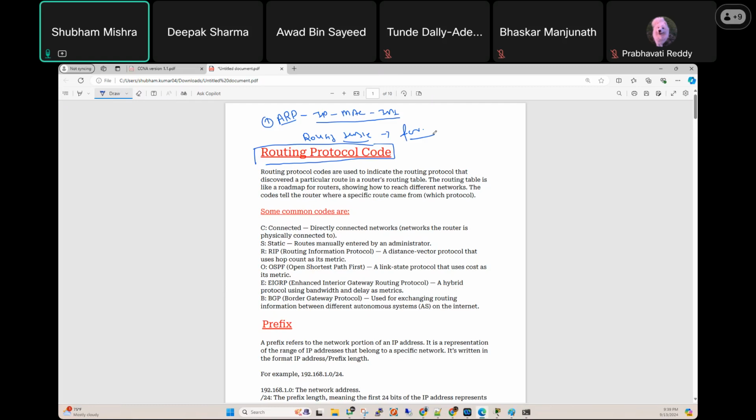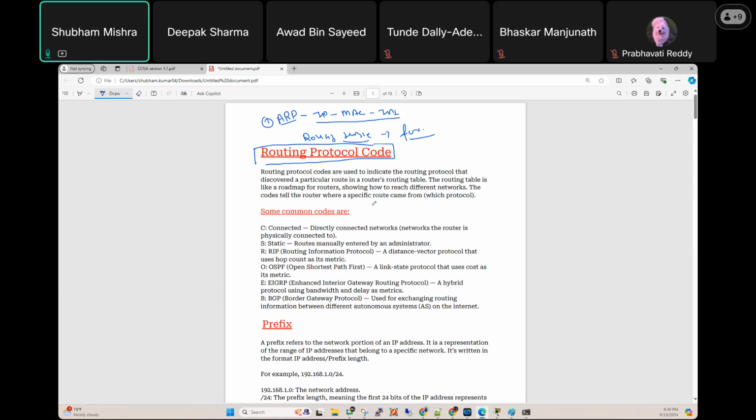And that code is known as what? Routing protocol code. So by the help of that code, you can easily identify the routes present in your routing table, and that route belongs to which protocol.